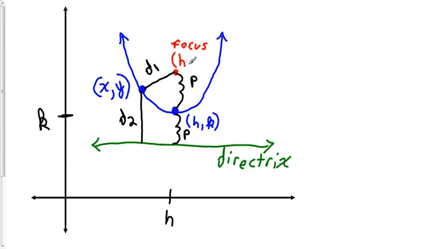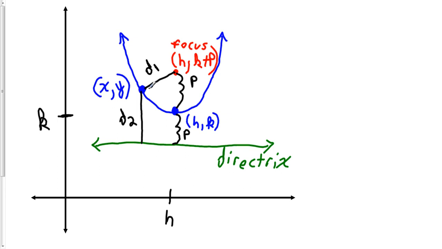The y value for the focus is the y value for the vertex plus this distance p. So it's going to be k, the y value for the vertex, plus p. And that is the ordered pair for my focus: the same x value as the vertex, h, but the y value is k plus p.